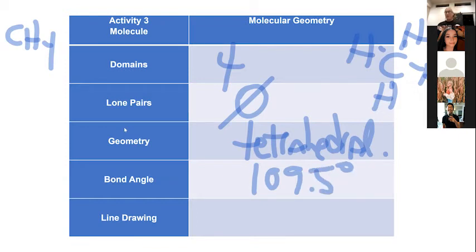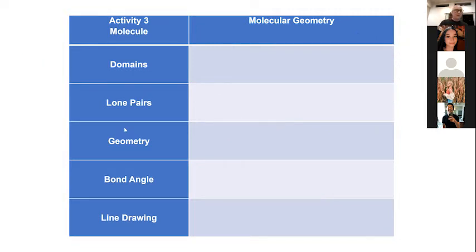Now, when you do your line drawing, you have to show the actual three-dimensional shape, because it's not a line, and it's not trigonal planar in a plane. It's not a two-dimensional shape. It's a three-dimensional shape. To represent that, you put your carbon in the middle.